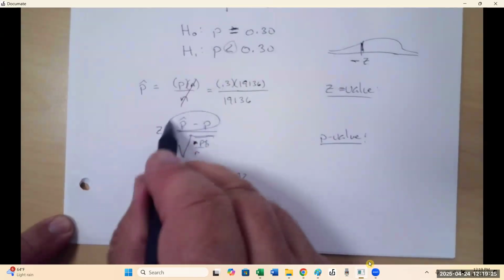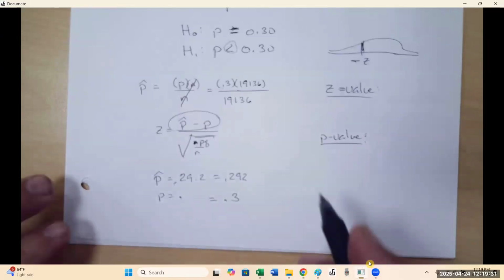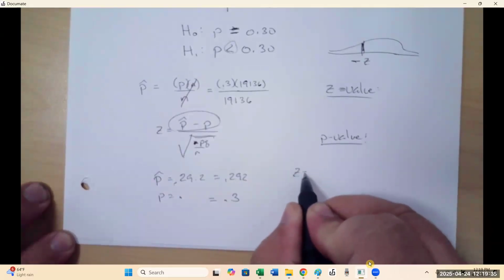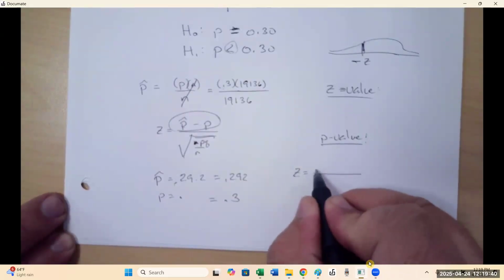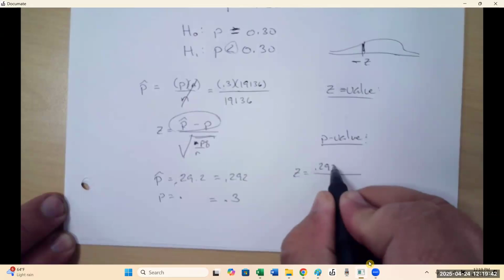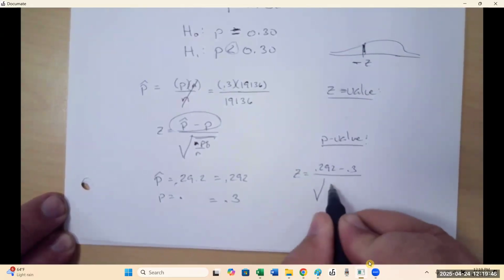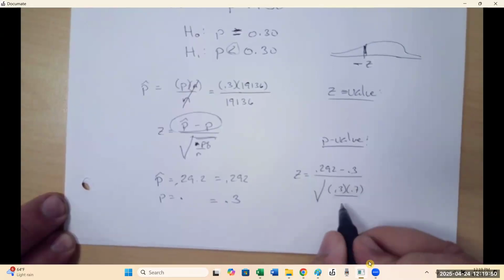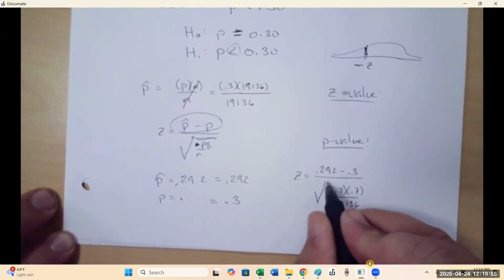Yeah, we need this to be a negative value. So our Z value is 0.292 minus 0.3, over the square root of 0.3 times 0.7 over 19,136.